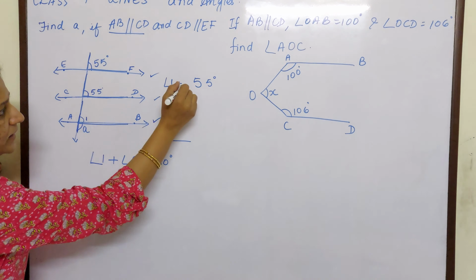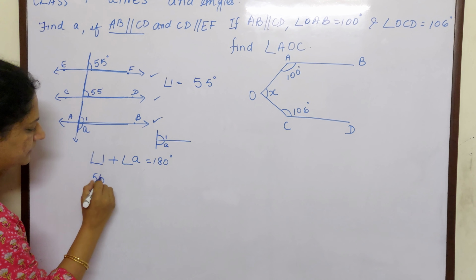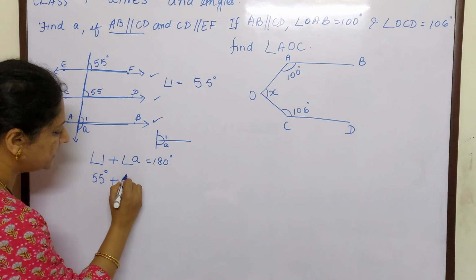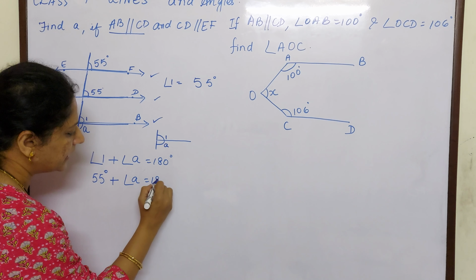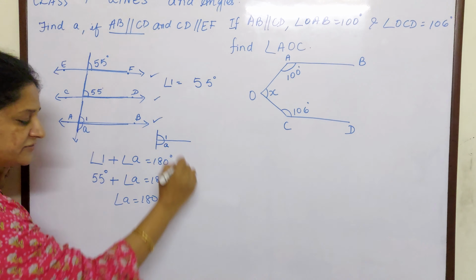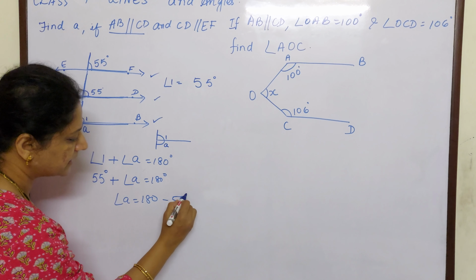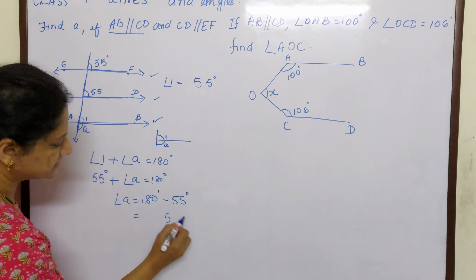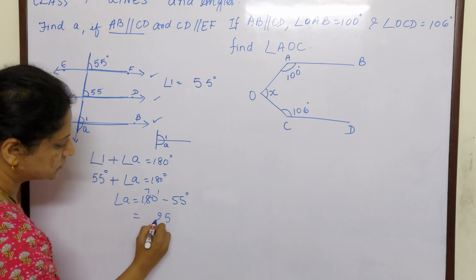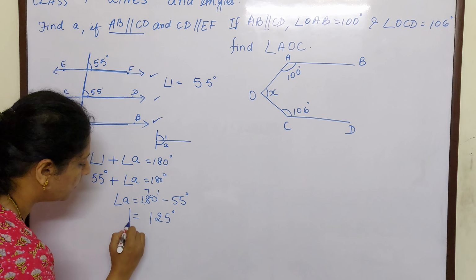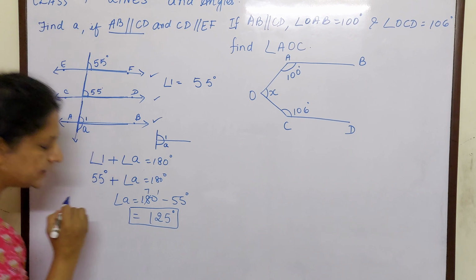So if angle 1 is 55 degrees because they are corresponding angles, then what will be angle A? Angle A will be 180 minus 55, which is 125 degrees. So angle A is 125 degrees.